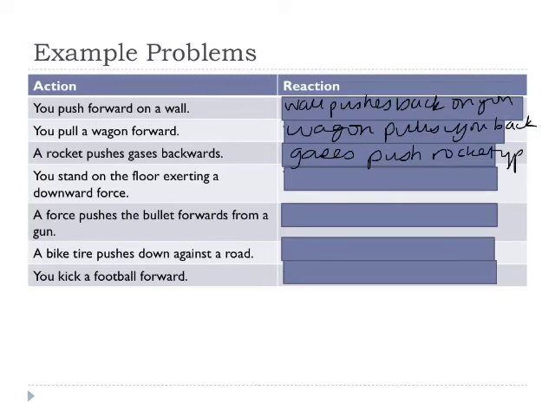You stand on the floor exerting a downward force. The floor exerts an upward force on you. A force pushes a bullet forward from a gun. The bullet pushes the gun backwards.